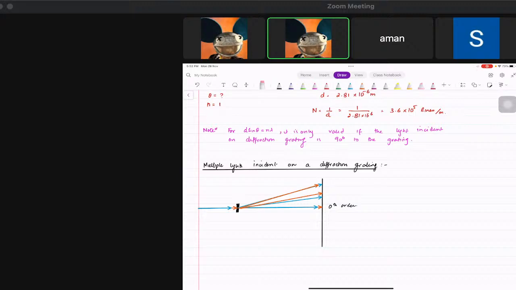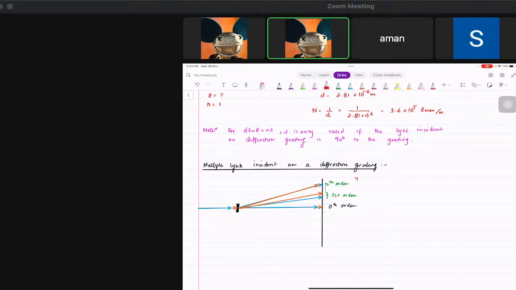Suppose this is the first order. As you can see, the orange has diffracted more, and at some nth order, they're going to mix up together.